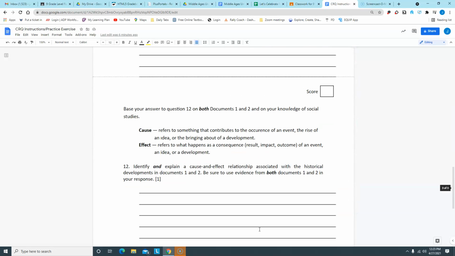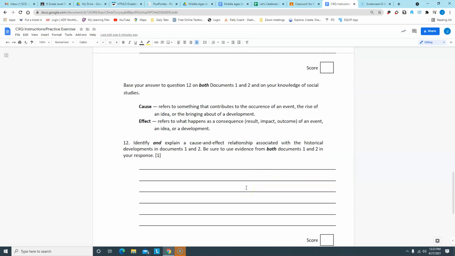Moving down, it's always a set of 3 questions. The first 2 are going to be based on documents. Then your third question is going to have to use both documents. You're going to identify a cause and effect relationship.